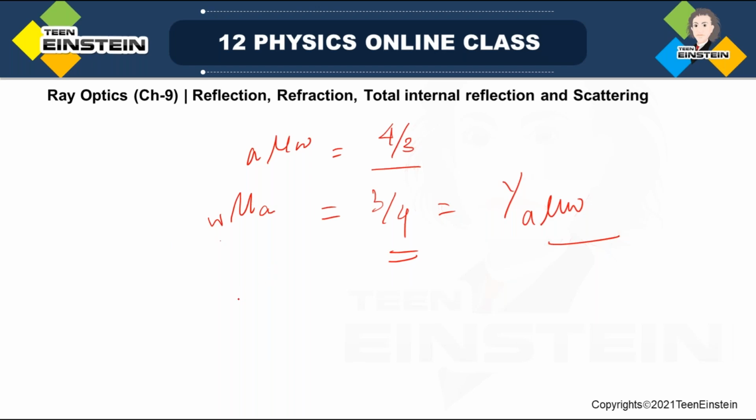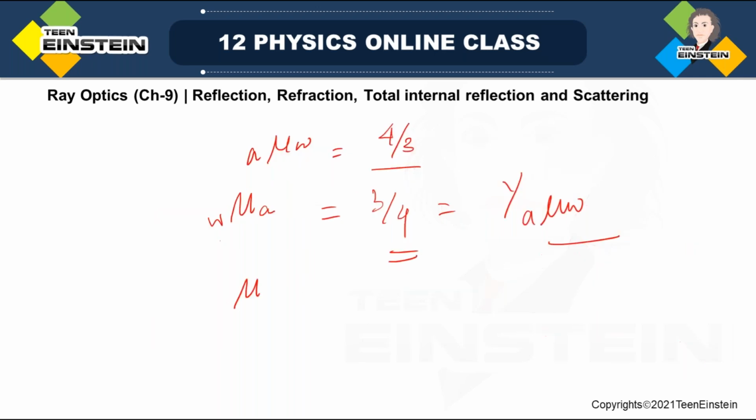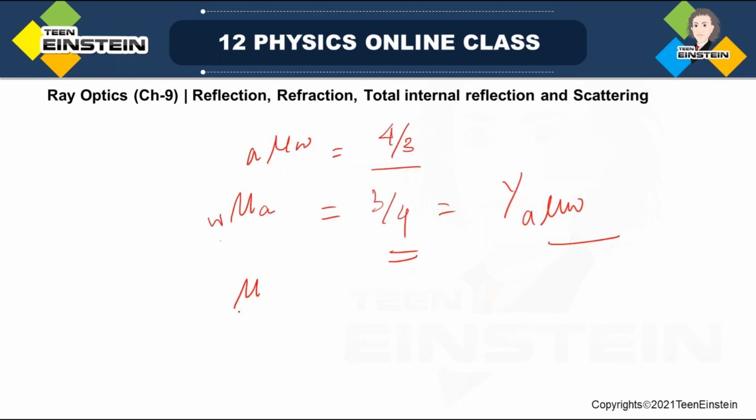Now we want to find out the refractive index of glass, a mu g.